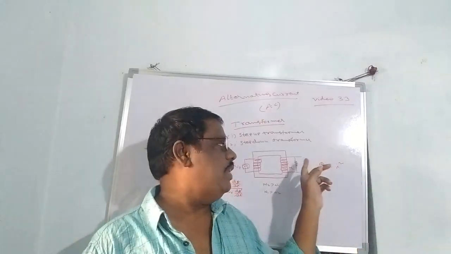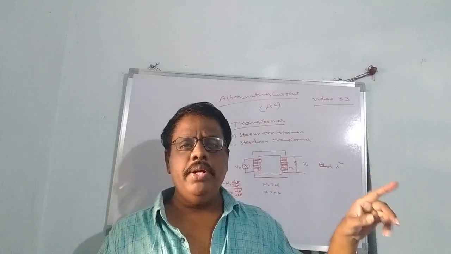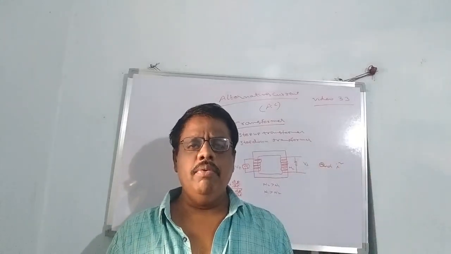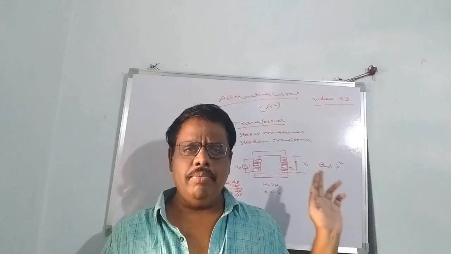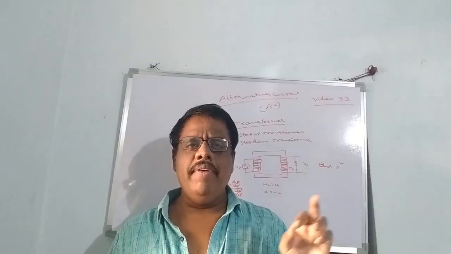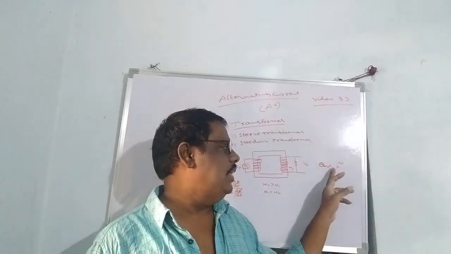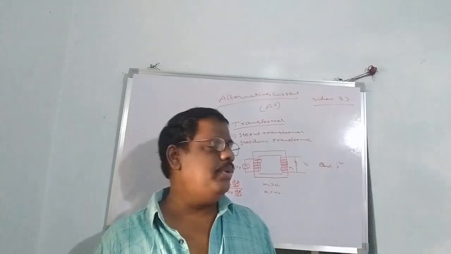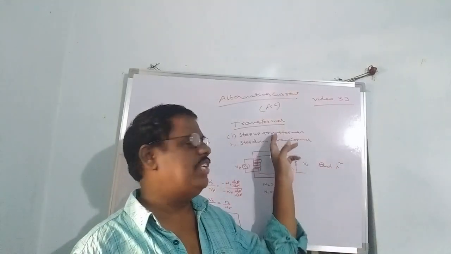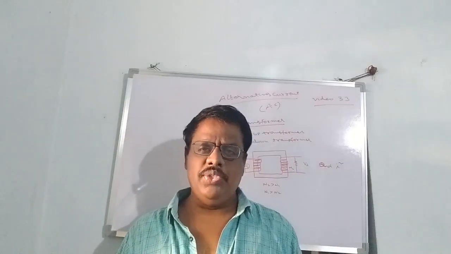The step down transformer will convert the high voltage into low voltage, 220 volts or 230 volts. This is called effective power transmission, that means it reduces the losses due to heat. This is achieved by using two types of transformer, mainly the step up transformer and the step down transformer.